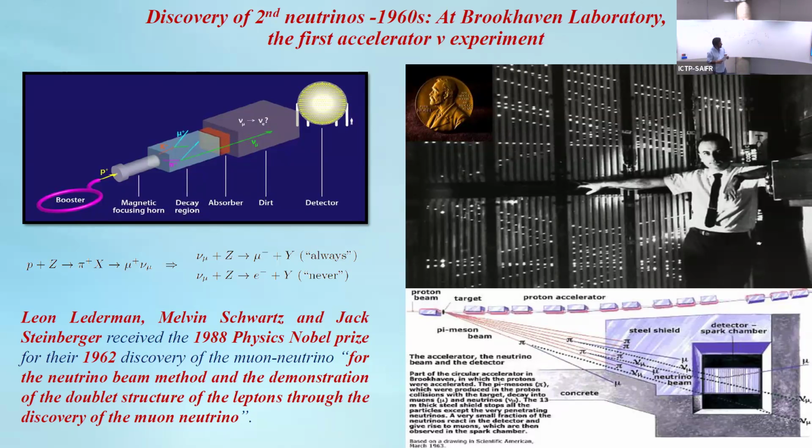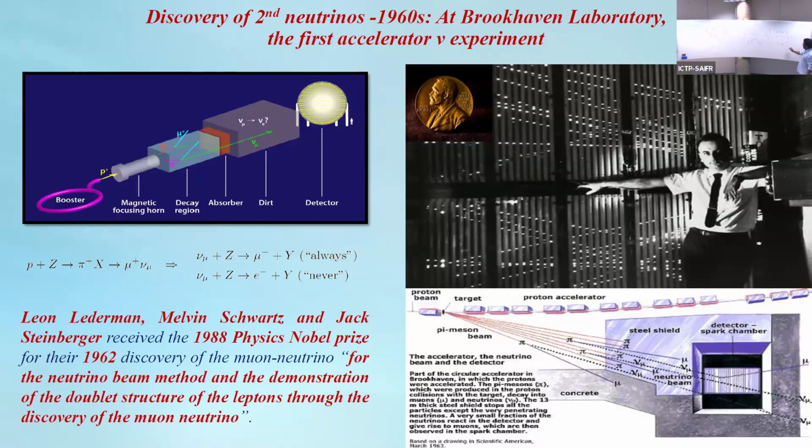At that time we did not have a good structure, we did not know whether there were two generations or not. We discovered the muon and detected one species of neutrino, basically whatever we were getting in reactors.